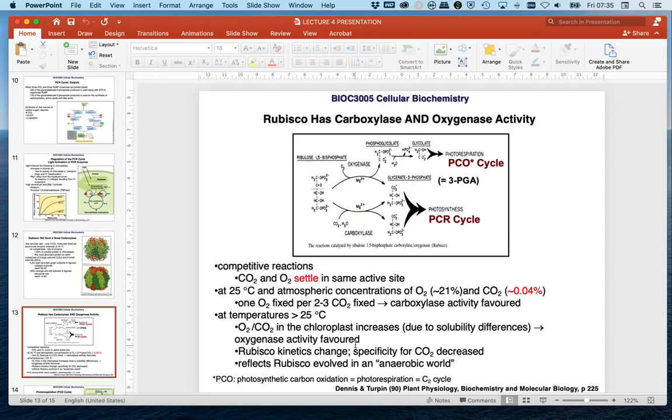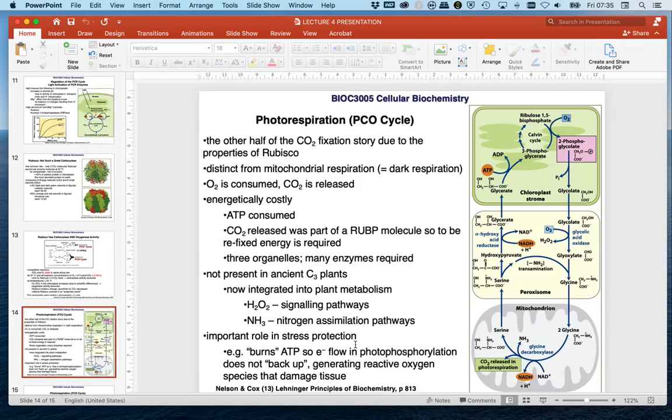So a little bit more about this oxygenase activity that leads to photorespiration or the PCO cycle. It really is the other half of carbon fixation because of the inherent properties of Rubisco. Something to remember, photorespiration is distinct from mitochondrial respiration. Mitochondrial respiration is also known as dark respiration because it can be carried out in the dark at nighttime.